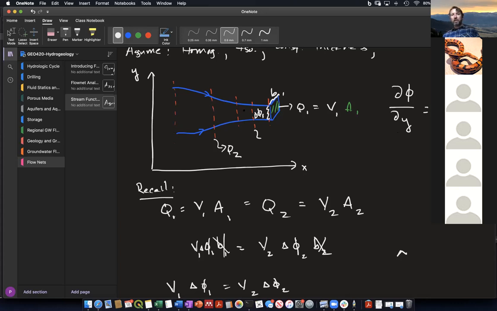Because we're homogeneous and isotropic, and because we have to maintain these squares, if I decrease the distance between my streamlines, then I have to decrease the distance between my headlines, and that is essentially increasing the head gradient. So if I decrease this gradient, then I have to increase this gradient.